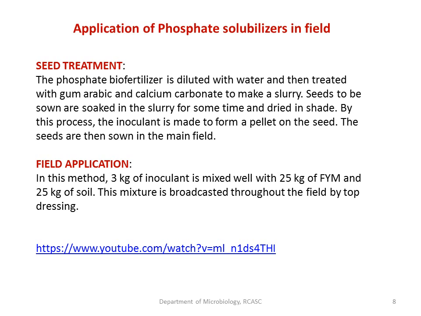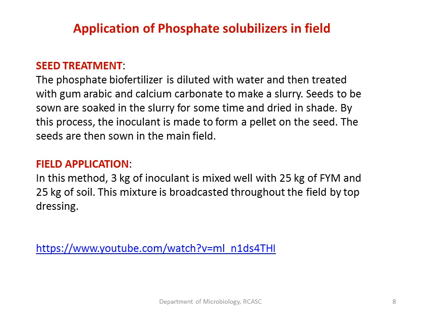So how do we apply these phosphate solubilizers onto the field? One of the well-known methods is seed treatment and direct application onto the field. Seed treatment, as we all know: the seeds which we have to sow onto the field have to be treated with a slurry of the phosphate biofertilizer with water.